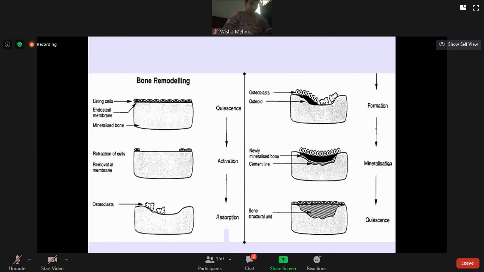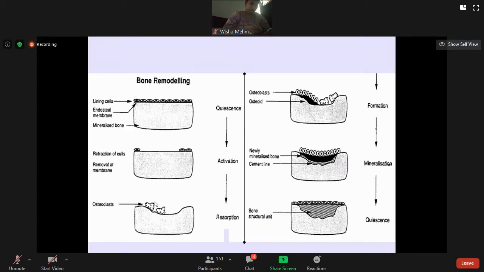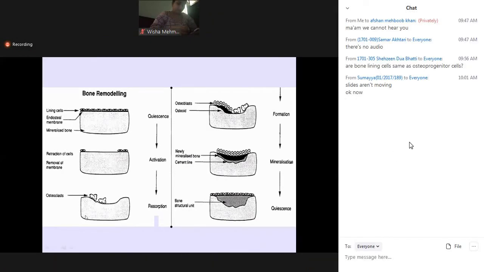The osteoclast present in the bone resorbing compartment attaches itself to the periosteal or endosteal surface of the bone through villi-like membranous extensions. You can see here. Now this process is mediated by surface receptors called integrins.